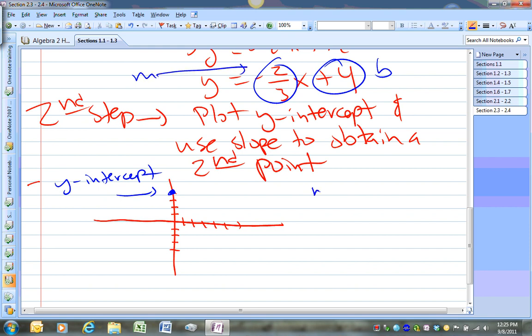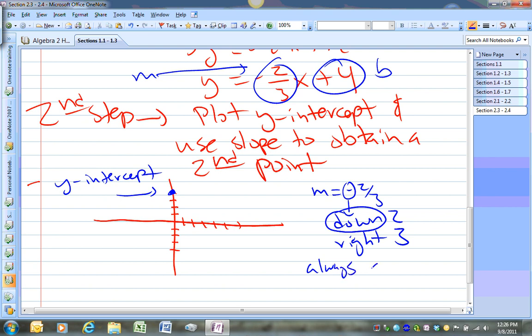If I look at m, since m is negative 2/3, that means down 2, right 3. The minus means down, but we always move to the right. Always go right.